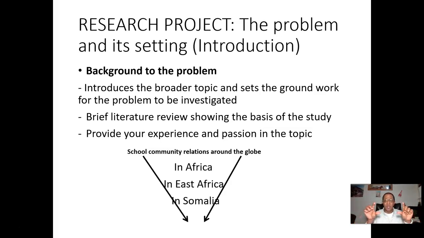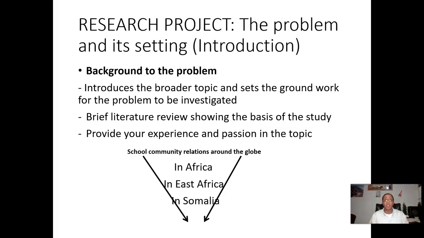Now, can you summarize the main point as you cite literature? You have to cite, as you cite literature, summarize the main point that helps you to introduce your problem or your study topic. I give an example.